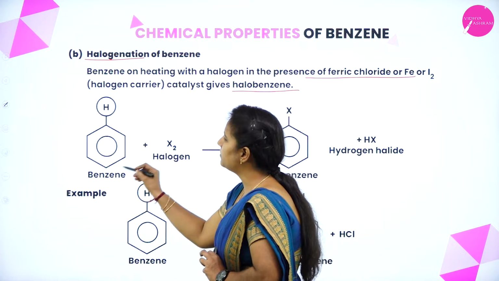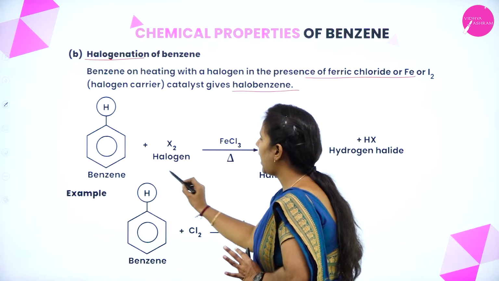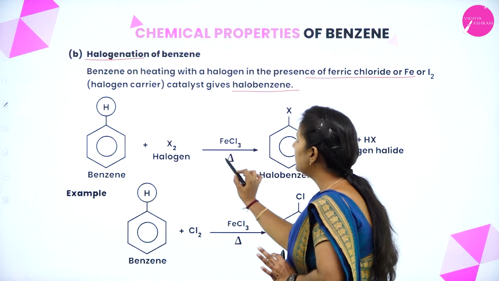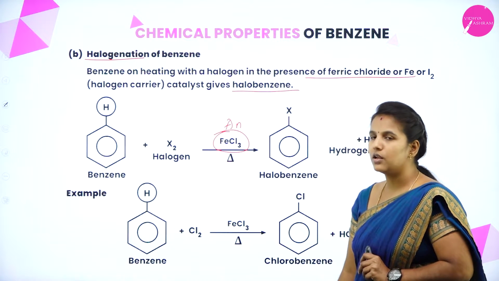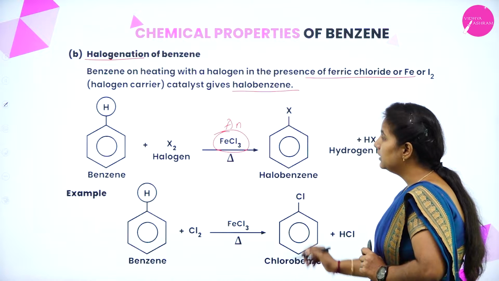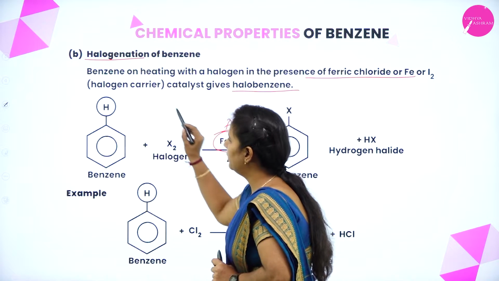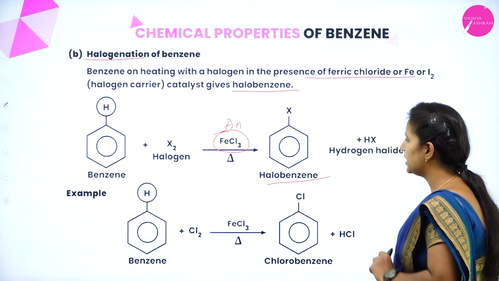Here I have considered my benzene ring, which has one proton, allowed to react with the halogen in the presence of anhydrous ferric chloride, and if you heat this reaction, one of the protons gets replaced with the halogen and forms a halobenzene.